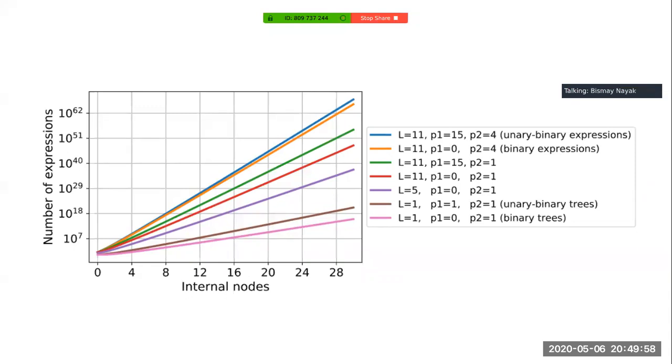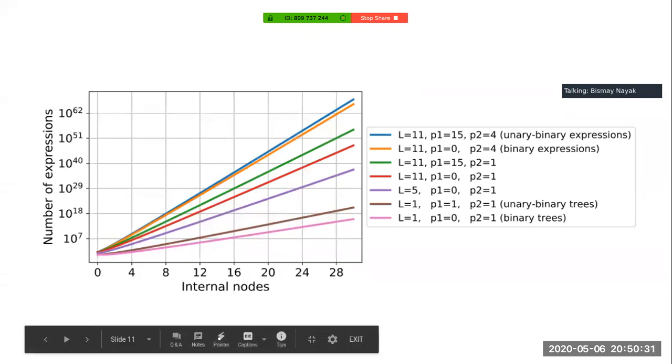Even with 28 internal nodes, the number of possible binary trees is about 10 to the power 18. And if we include unary-binary trees, it really doesn't increase that much with respect to what was before. At 28 nodes it is around 10 to the power 15 or 16, something like that, and this is about 10 to the power 18 expressions.